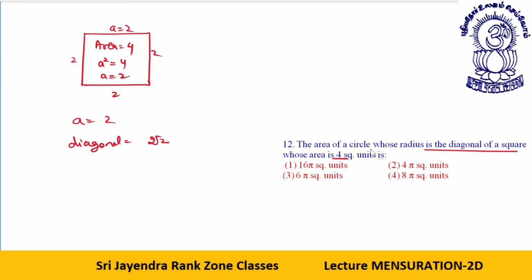The area of a circle whose radius is the diagonal of a square. Okay, so I can say like this. This is the square, whose radius is the diagonal of the square. What do you understand? This is the radius. So basically this will be the center. If this will be the center, the circle will be like this.